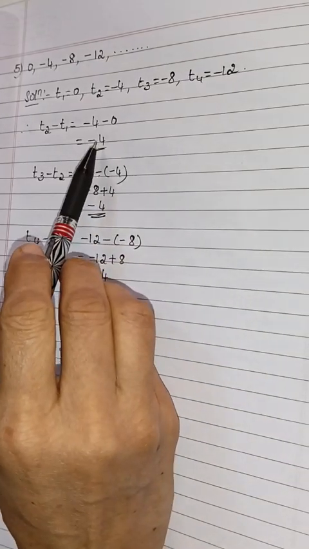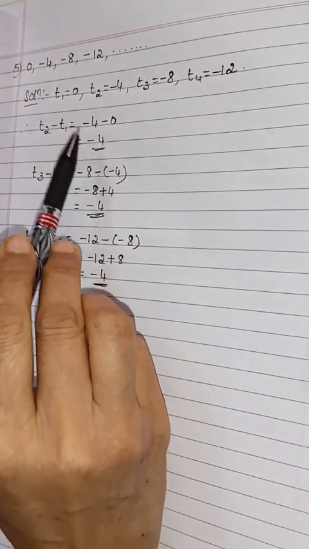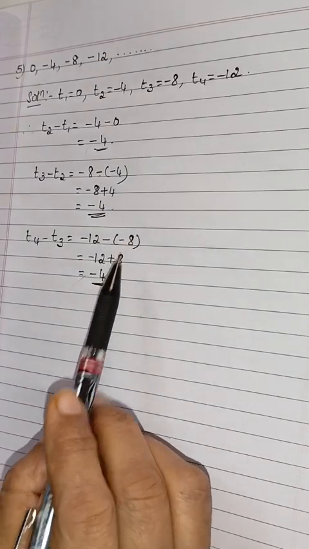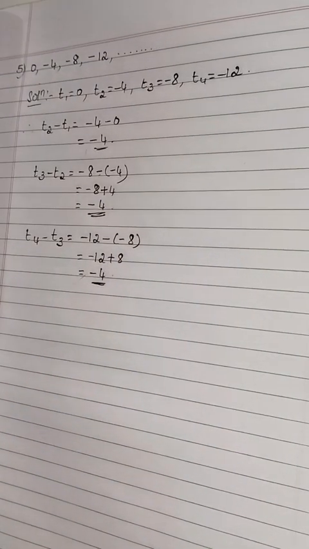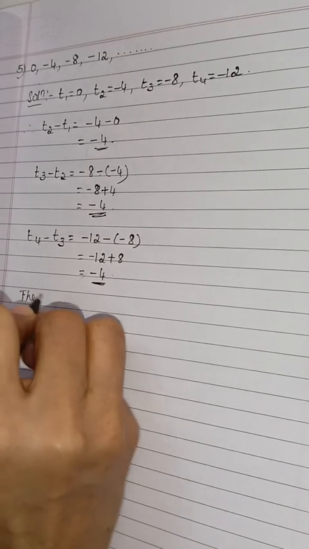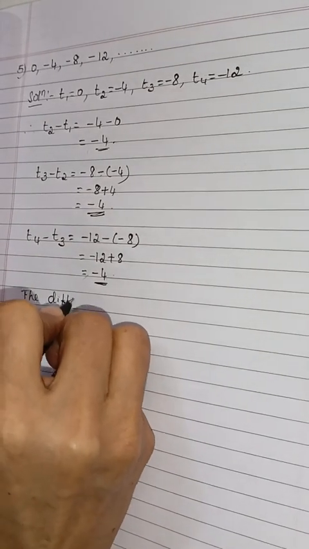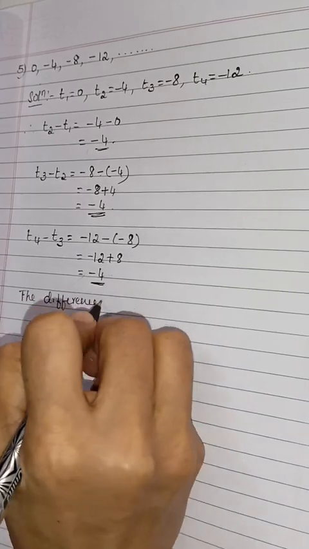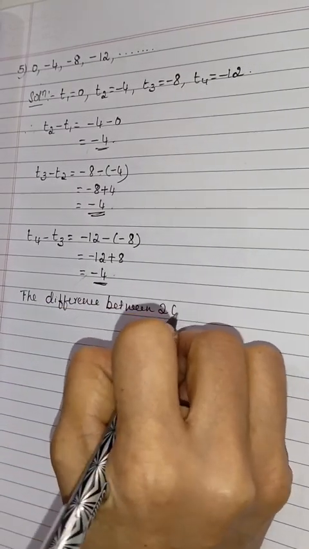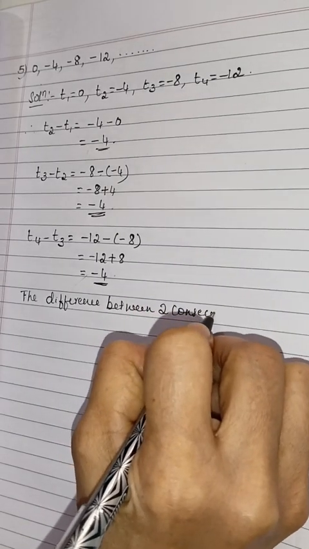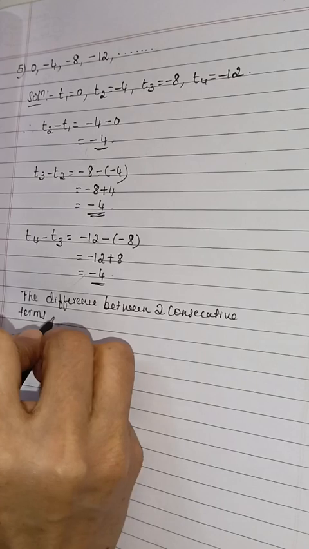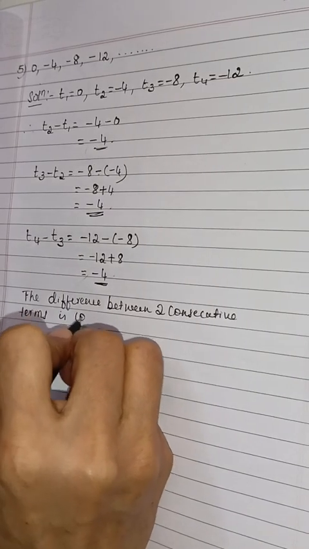Again the difference between two consecutive numbers remains constant. Therefore, the difference between two consecutive terms is constant.